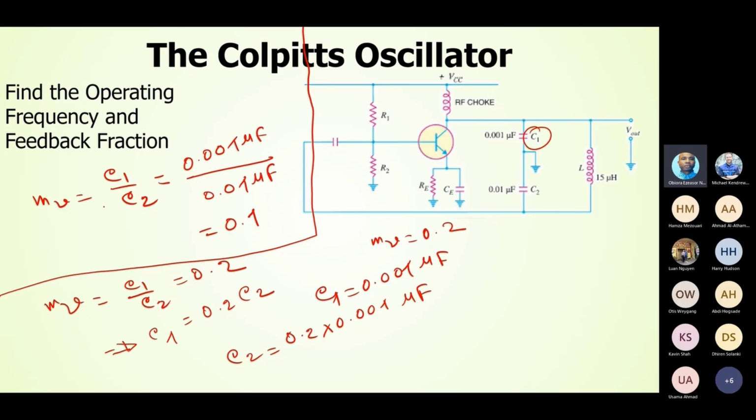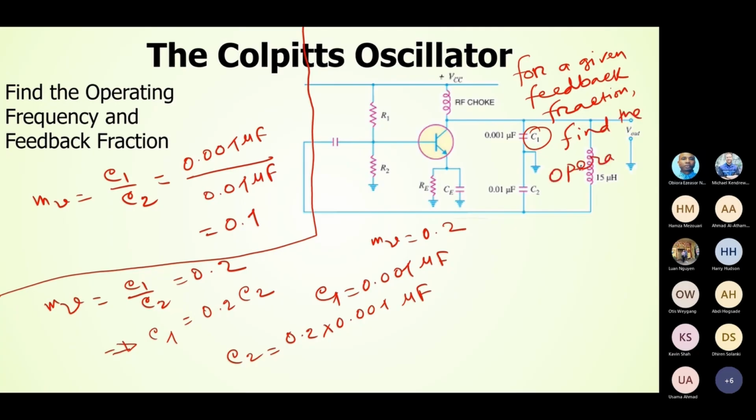Yeah. So this is a feedback fraction. Now the new question is, let's say I'm giving you the feedback fraction. For example, for a given feedback fraction of 0.2, find the operating frequency.